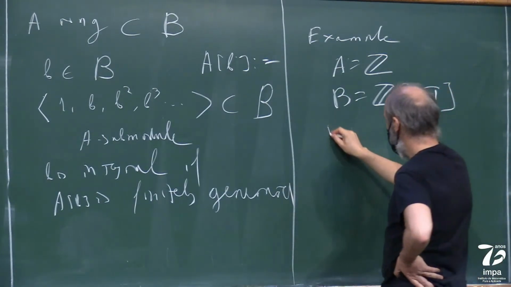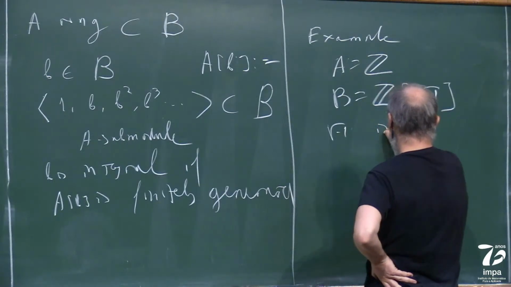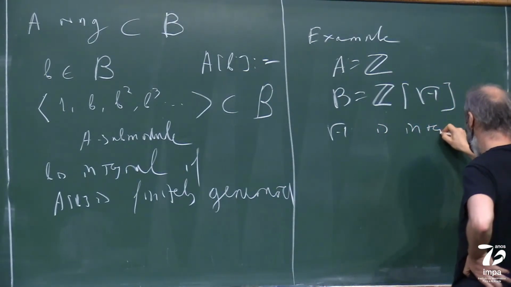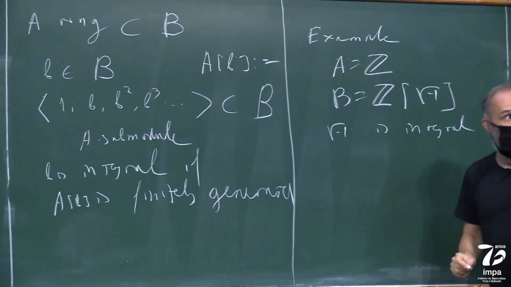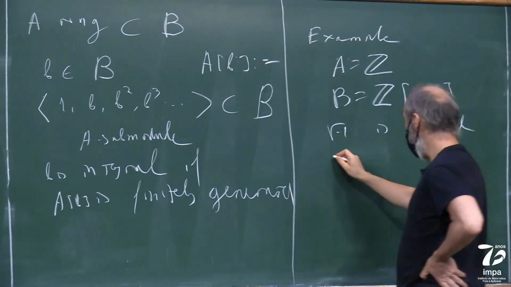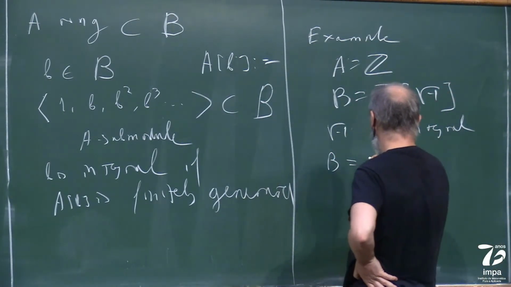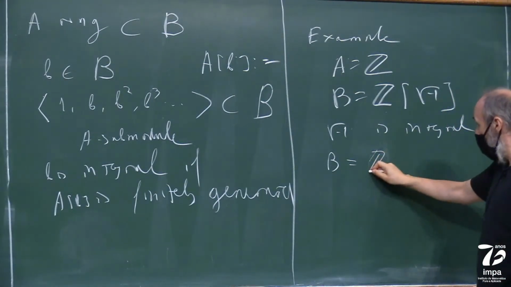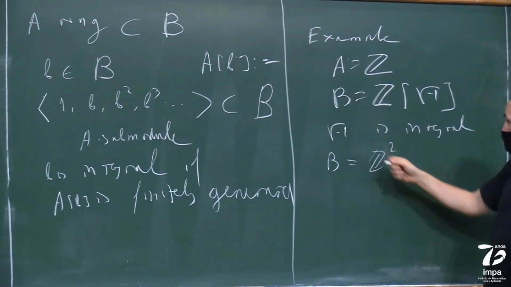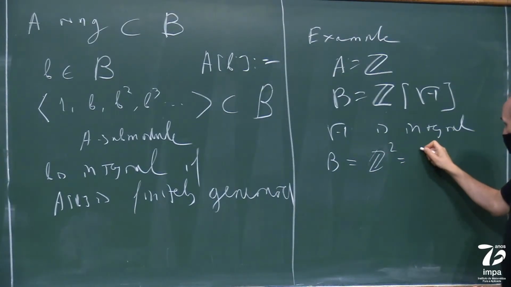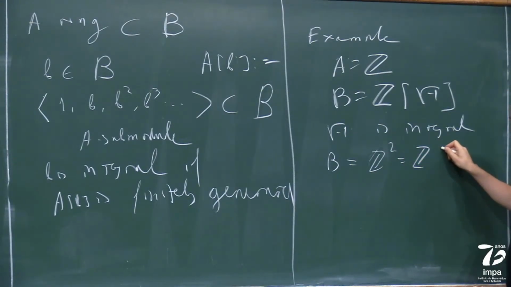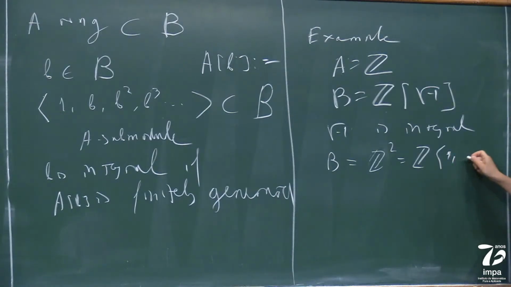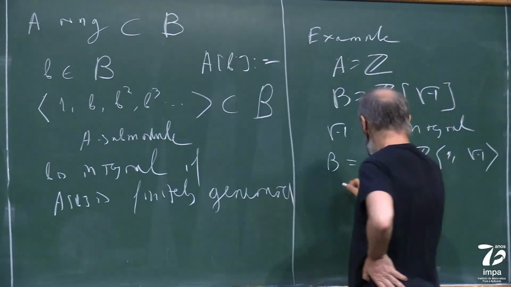And then square root of -1 is integral, because the ring B is generated by 1 and square root of -1, as a Z module.